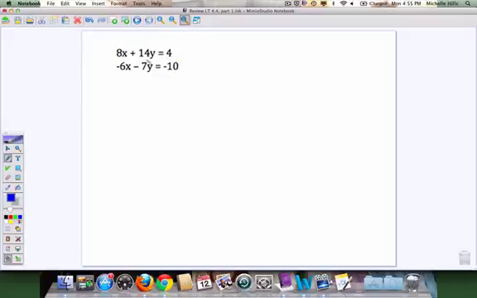And the last one, I don't have opposites, but I do notice that 7 goes into 14. So I can multiply the second equation by 2. The first one's already a plus 14y. So then when I multiply everything here by 2, it becomes negative 12x minus 14y equals negative 20.